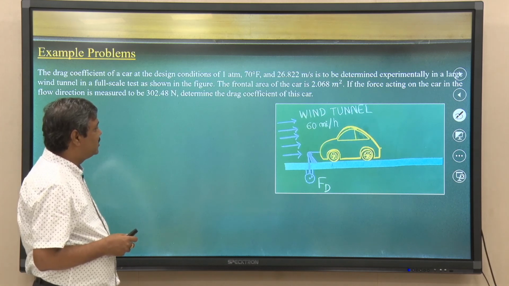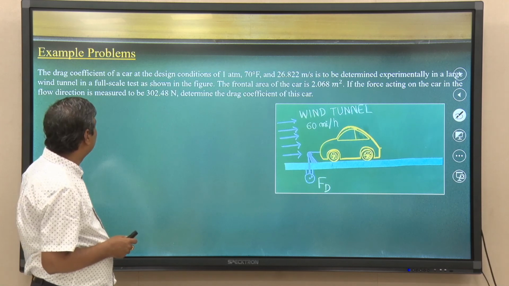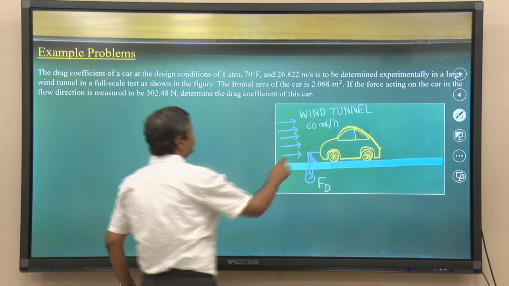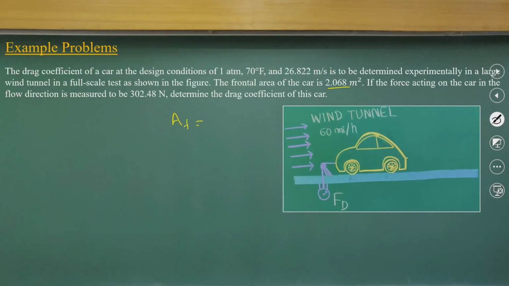The car is moving at 60 miles per hour, and the frontal area A is known to us, and the velocity is known to us, and the drag force with a simple arrangement we can estimate, and so you have to compute what the drag coefficient will be. So, it is a very simple thing.